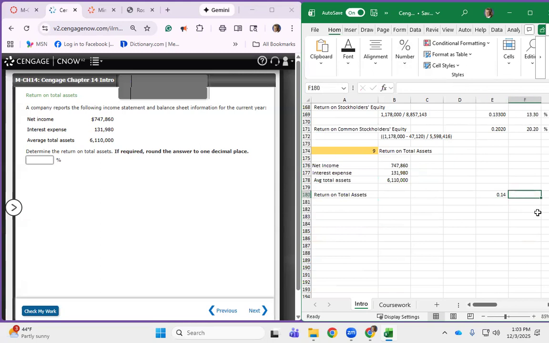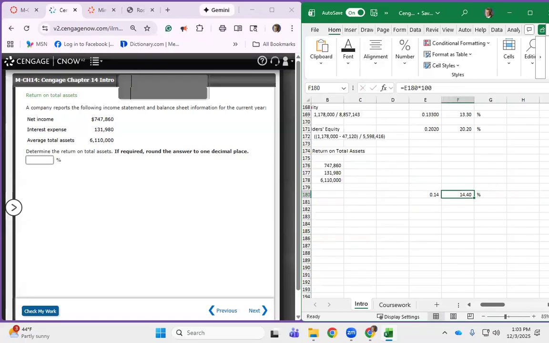Now I'm going to take it times 100 to get my percentage. And then I'm going to increase the decimals here so we can see it. And then I'm going to put the percentage sign next to it, so we know we've converted it to a percentage.